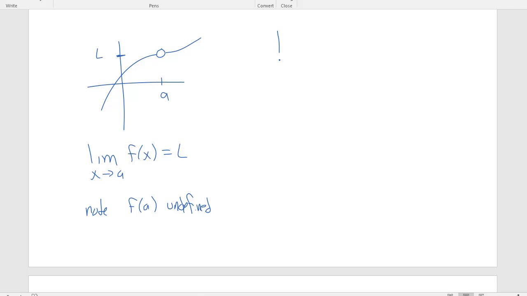And we also could have a scenario where we have that same type of graph where f at A is not defined on the continuum of the graph, but we have defined f at A at a different value. So this is L and this is A, but this is something else. So maybe L is the number 1/2 like we had, but this is the number 1.